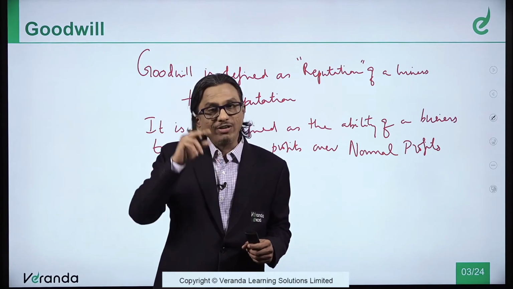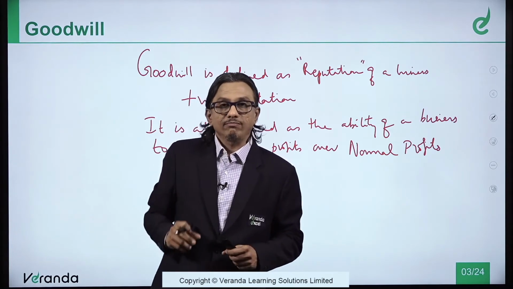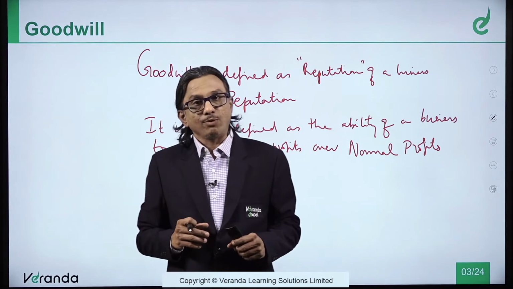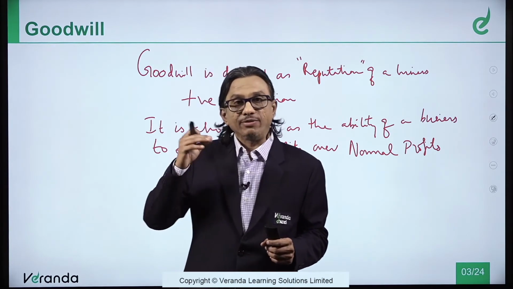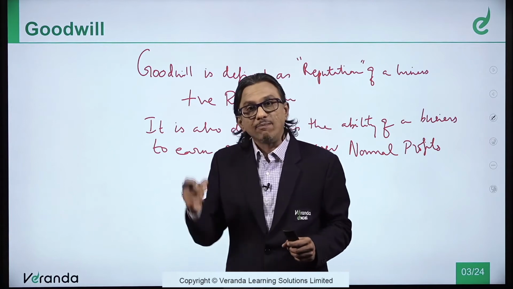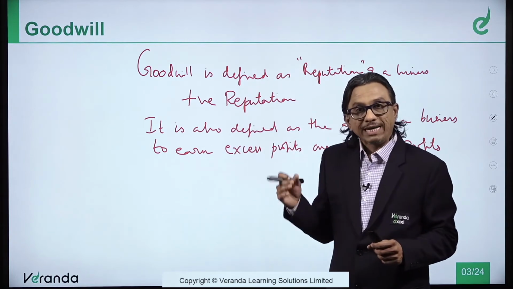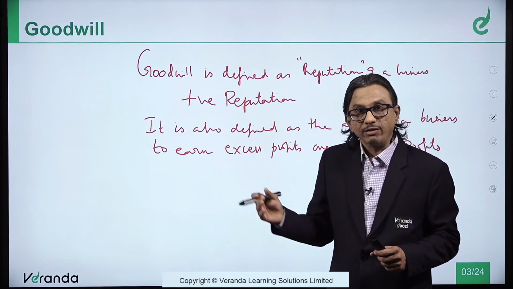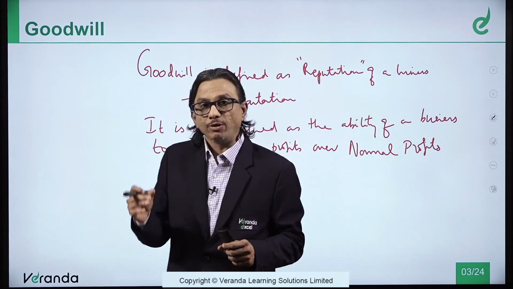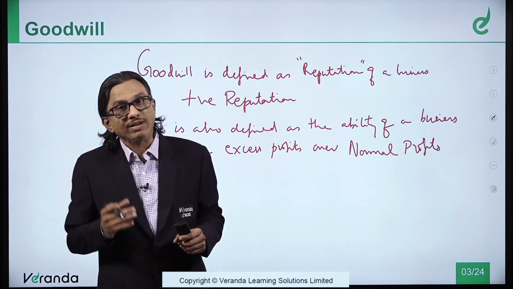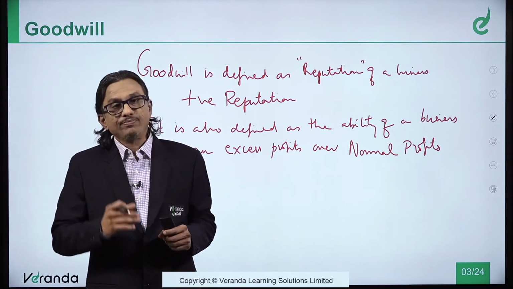So therefore, if your business is reputed, they produce good branded products, definitely they'll make better profits than others. So if a firm has an ability to earn excess profit over normal profit, you can say that business has a positive reputation. That is another way of calculating the goodwill.